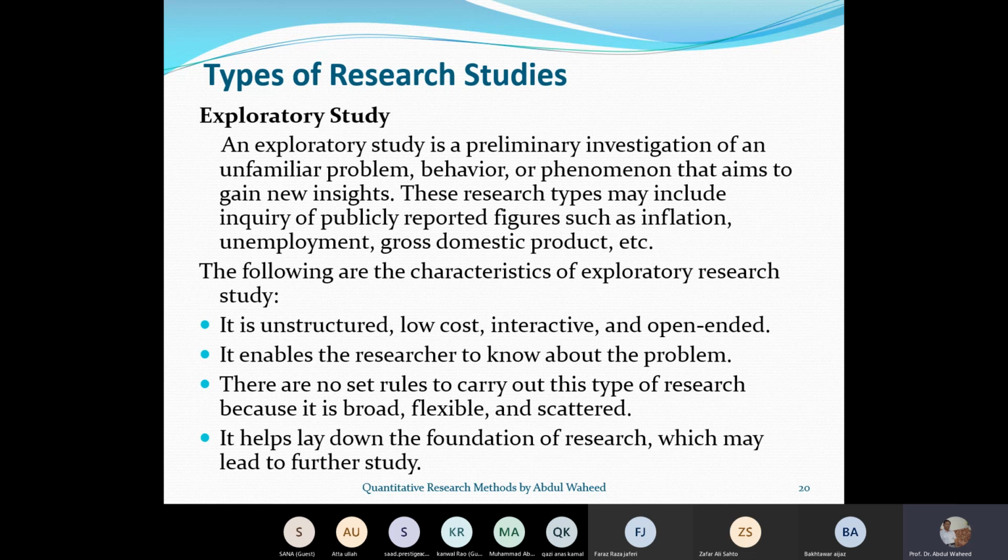Then we will try to explore what is the composition of consumer price index, because consumer price index is the cost of a fixed basket of commodities that are purchased by a middle class urban consumer. Then we will try to explore that basket.